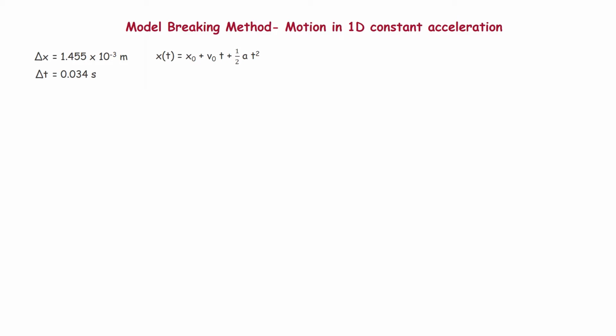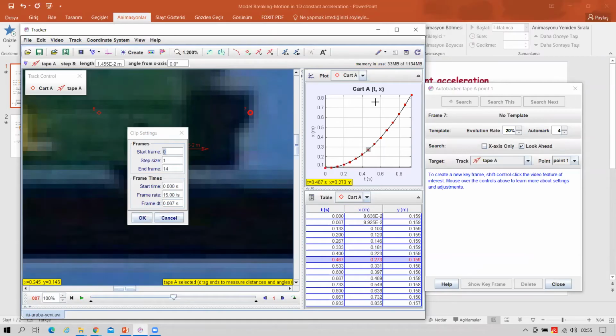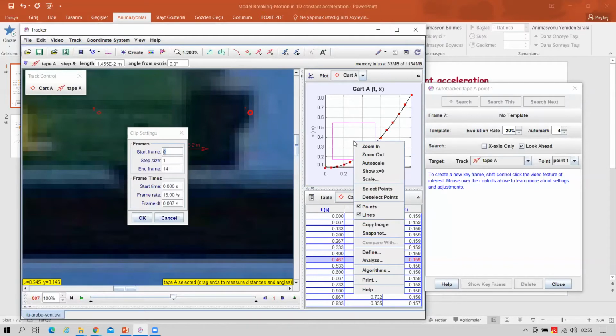Let's come to the Tracker screen. This is our data. We are going to determine these parameters by analyzing this graph. Come over the graph, press the right mouse button anywhere on the graph, and select Analyze.